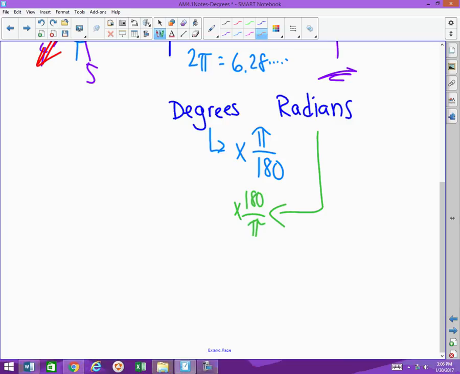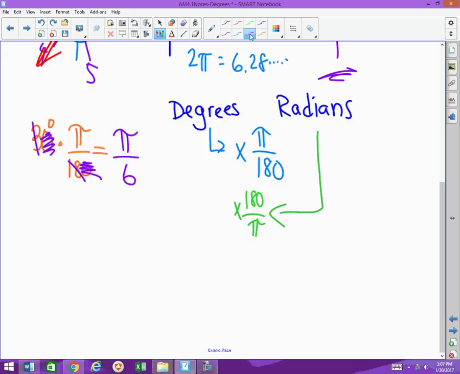As an example, 30 degrees times pi over 180. Let's see, simplifying this, take out a 10, and then 3 goes into 18, so it becomes pi over 6.